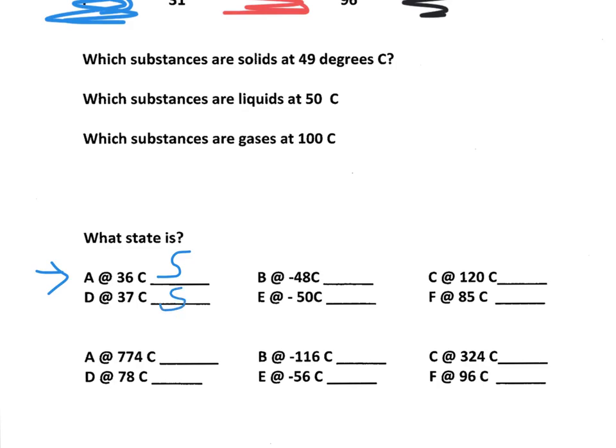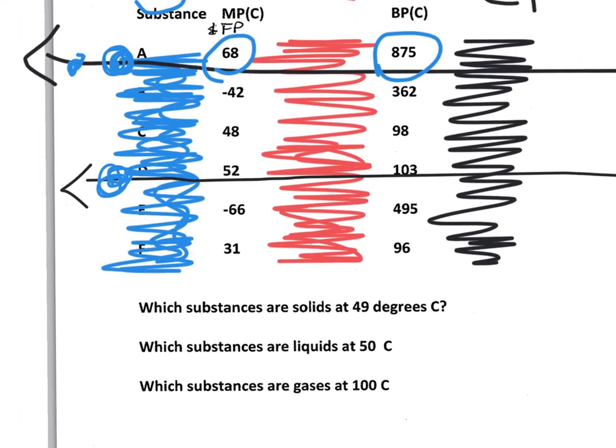All right, let's look at one more then. We'll look at substance E. We want to see substance E at negative 50 degrees Celsius. So if we look again up here at our chart, and we draw in our number line for substance E, we have to find these negative numbers cause us problems.